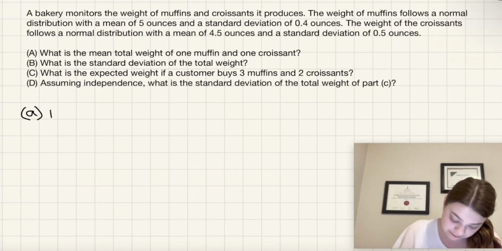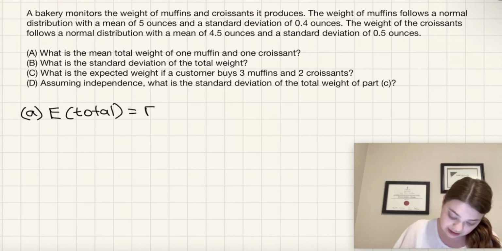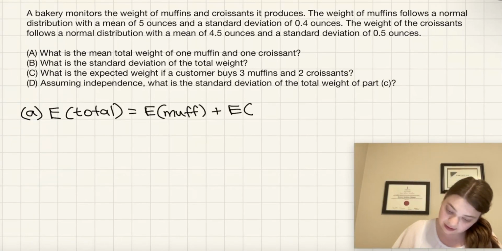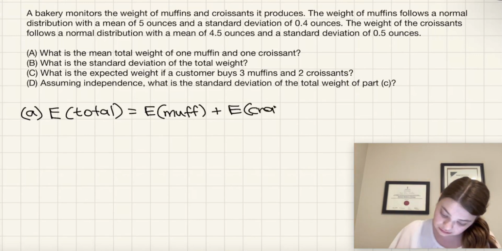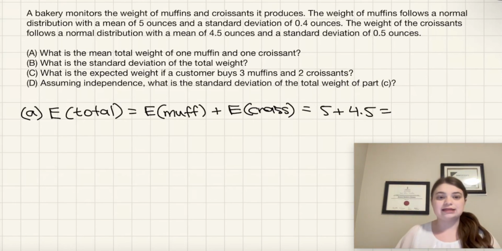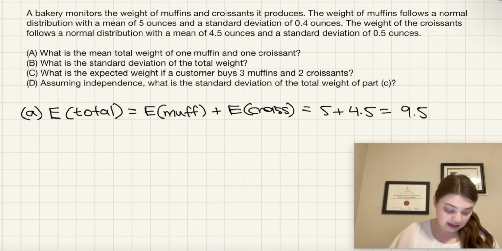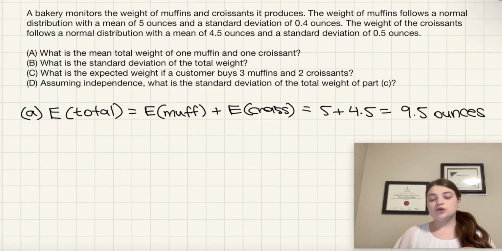The expected value for the total weight is equal to the expected value for a muffin plus the expected value for a croissant, which is equal to 5 plus 4.5, right? Because recall that the mean is the same as the expected value in these contexts. So this is going to be 9.5. And so therefore the answer is 9.5 ounces, right? That the total amount of weight on average that both of them together would weigh would be 9.5 ounces.